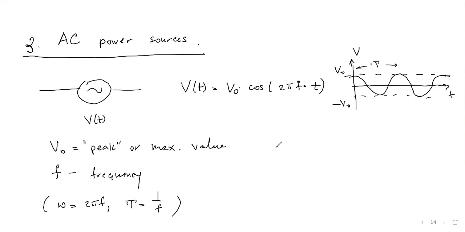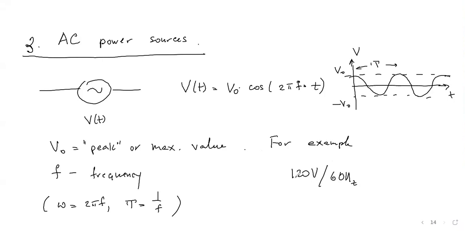So for example, we can have, let's say, 120 volt at 60 Hertz. So this would be a power supply.